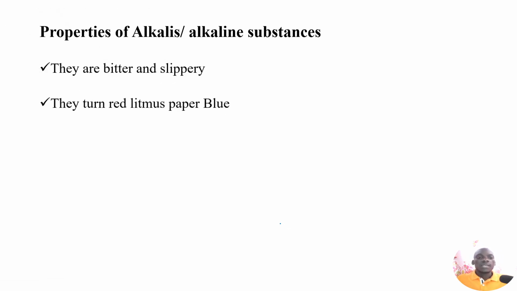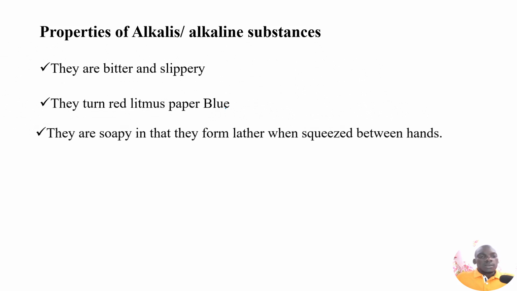Next, they turn red litmus paper blue, and this indicates that they are alkaline. It means that when we get a red litmus paper and dip it in the solution of one of the substances listed above, the red litmus paper will definitely turn blue.